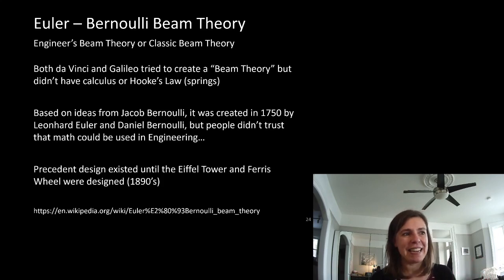That would be insane. So no one used it for a really long time. And then around the 1890s, two very different engineers took it upon themselves to prove that this theory could be used to make engineering better. Eiffel designed the Eiffel Tower and Ferris designed the Ferris wheel using this beam theory.